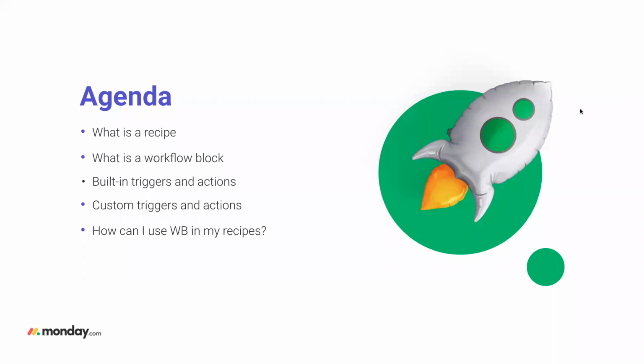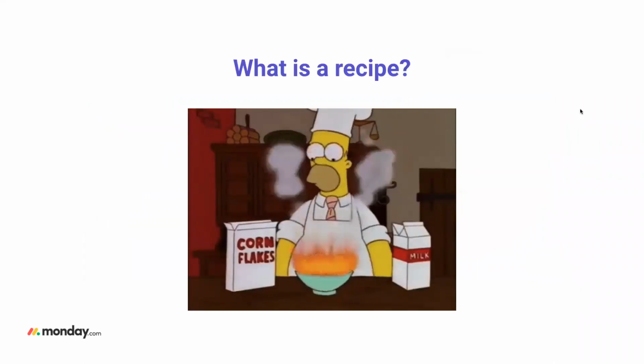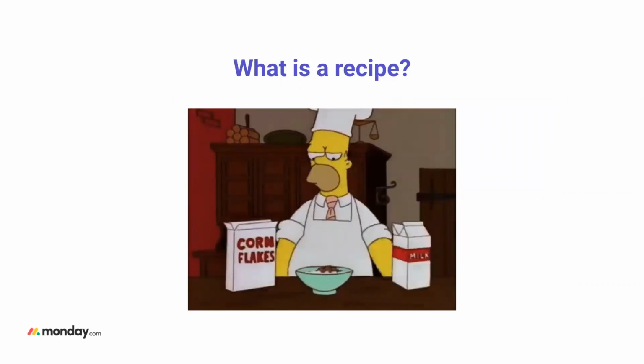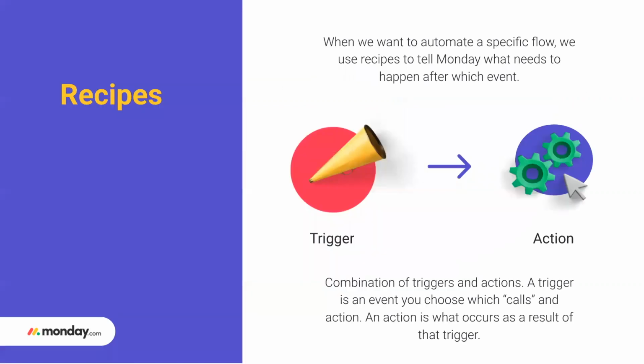Okay, let's begin. So what is exactly a recipe? When we want to automate flows to make our day-to-day more simple and to save time and energy, we can create a combination of triggers and actions so that whenever a specific event occurs, it sets an action in motion.